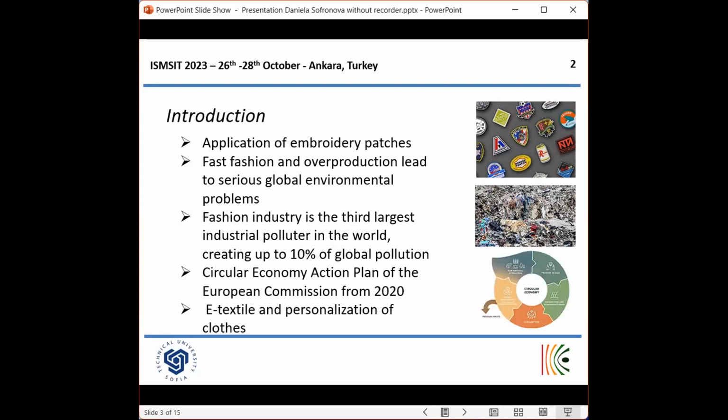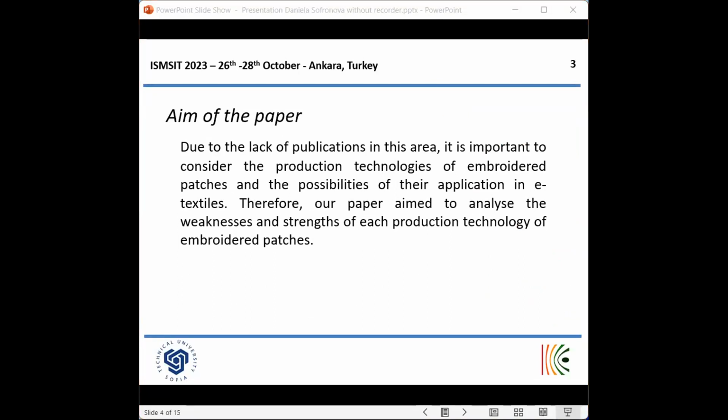An important feature is also that embroidered patches can be applied in e-textiles. One possibility is to use them as wearable antennas produced with conductive threads. Another option is to hide or incorporate sensors for different types of monitoring. And in the next 6 years, embroidery patch sales are expected to grow because embroideries create personalization of clothes. And due to the lack of publications in this area, it's important to consider the production technologies of embroidery patches and the possibilities of their application in e-textiles.